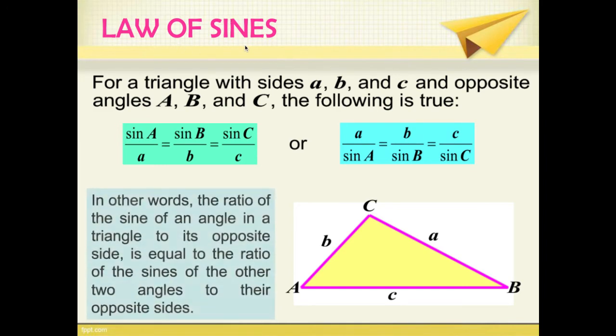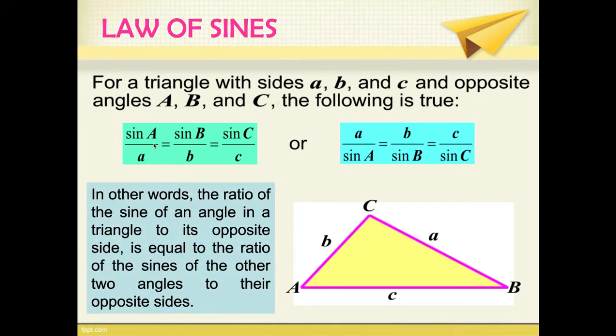In other words, the ratio of the sine of an angle in a triangle to its opposite side is equal to the ratio of the sines of the other two angles to their opposite sides.